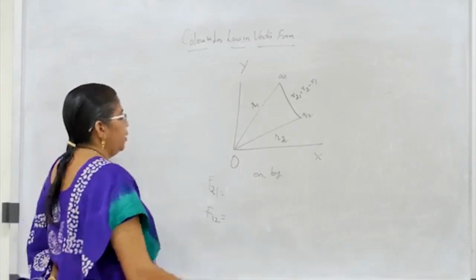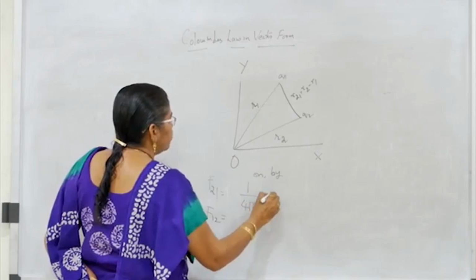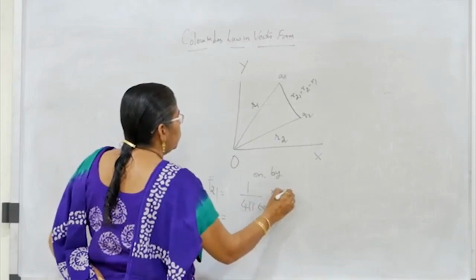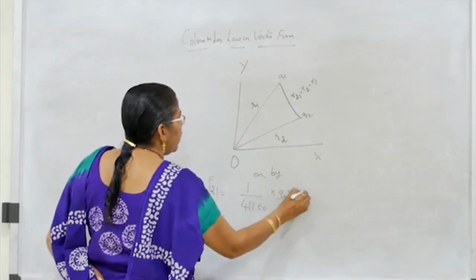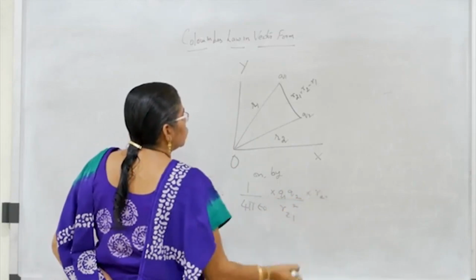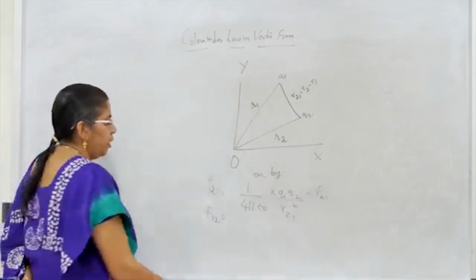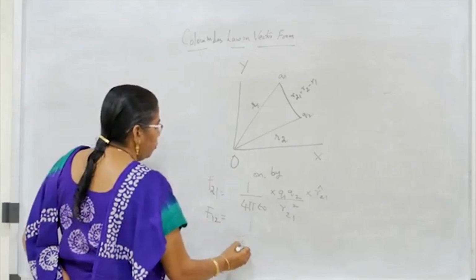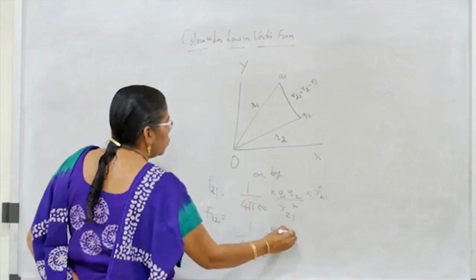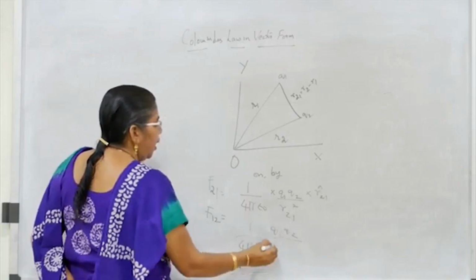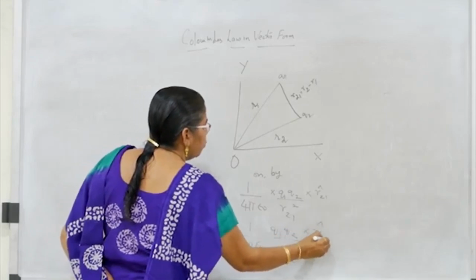So F21 is given by 1 by 4 pi epsilon naught into Q1 Q2 by R21 square into R21 cap. Similarly, F12 is given by 1 by 4 pi epsilon 0 Q1 Q2 by R12 square into R cap 12.